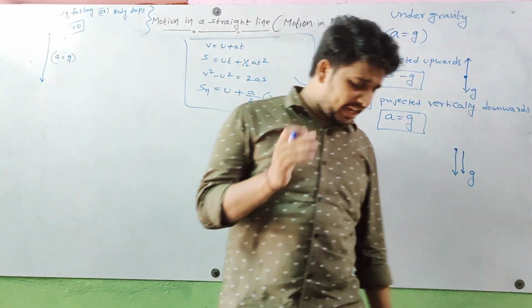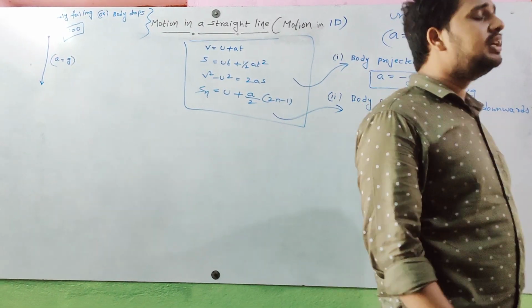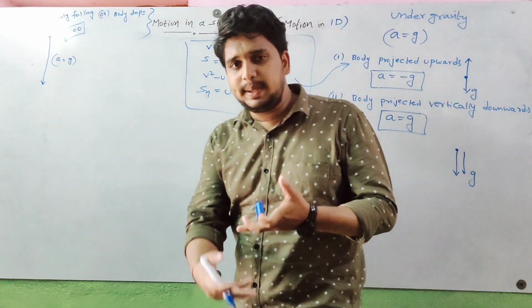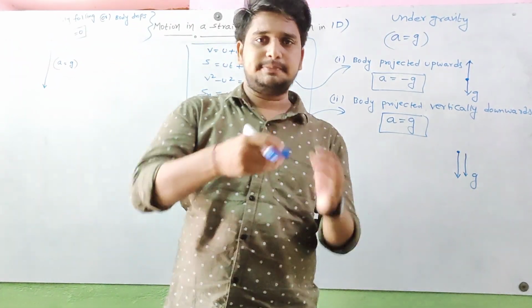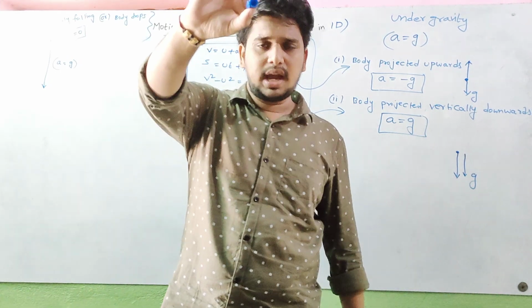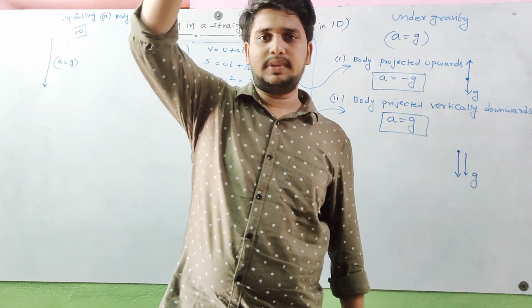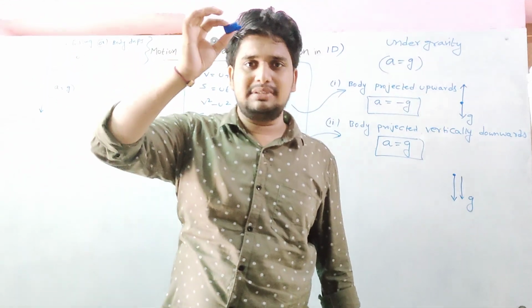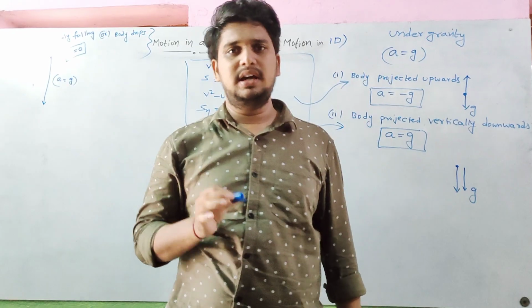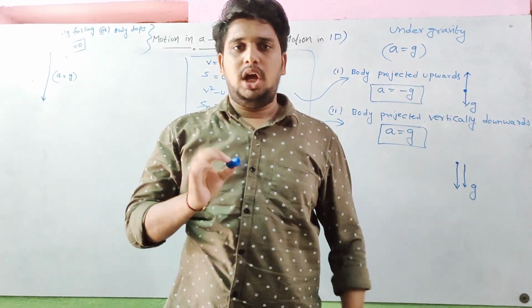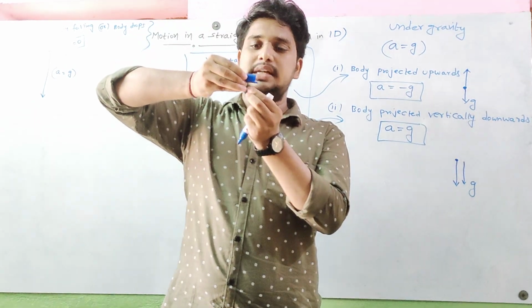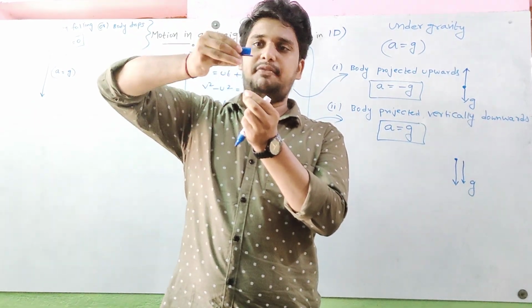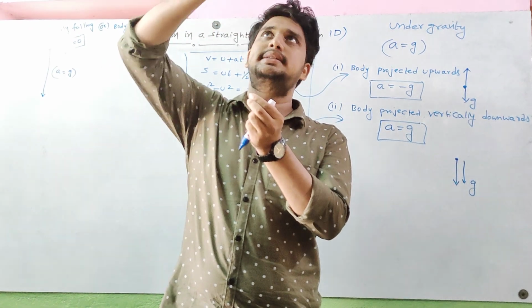One more thing I already told you in the previous lecture: when a body is projected upwards, for example with velocity 50 meter per second, it moves in the upward direction and the velocity decreases gradually: 50, 40, 30, 20, 10, 0.